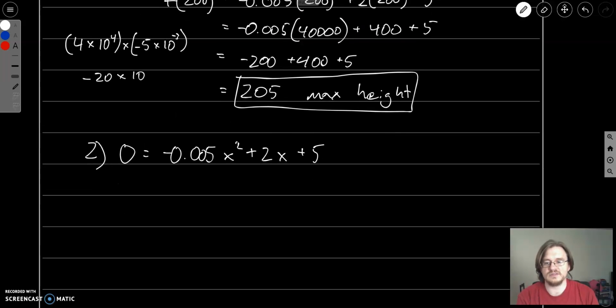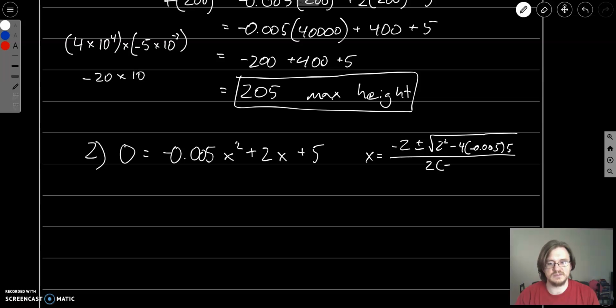So I will simply use the quadratic formula to give x is going to be equal to negative 2 plus or minus the square root of 2 squared minus 4 times a, so this is negative 0.005, times c, which is also 5, all divided by 2 times a.